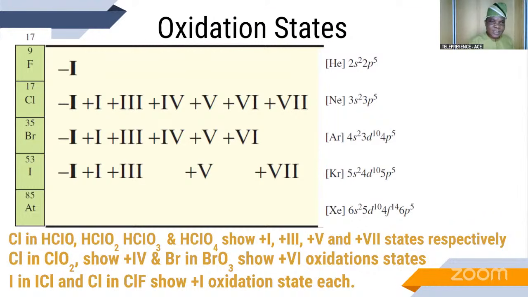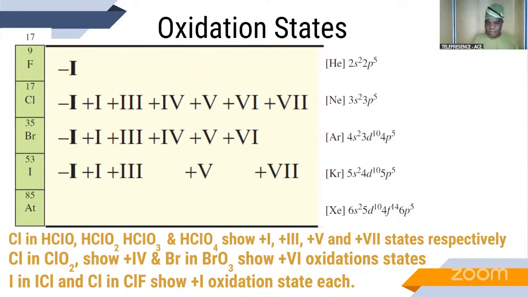oxidation state in all their compounds: Cl in Cl2O, Cl in HClO, Cl in HClO2, ClO3. So you have +1 here, then +3 in HClO2, +5 in HClO3, and +7.